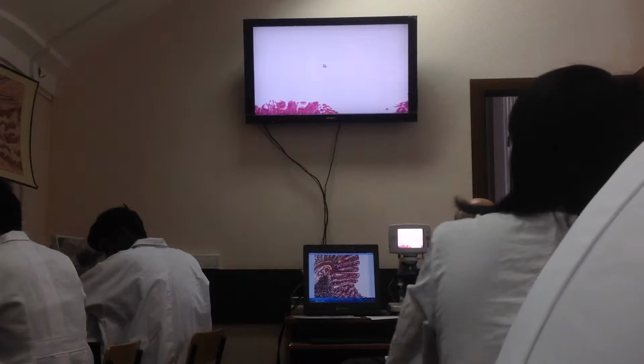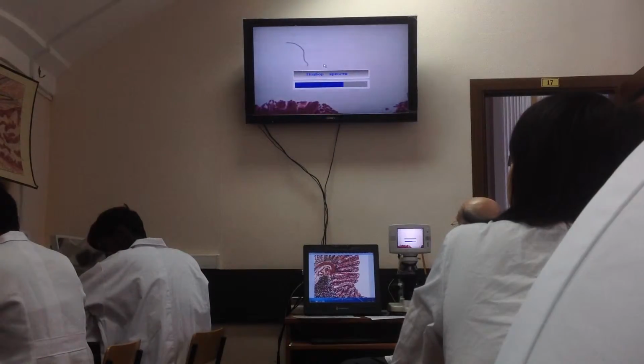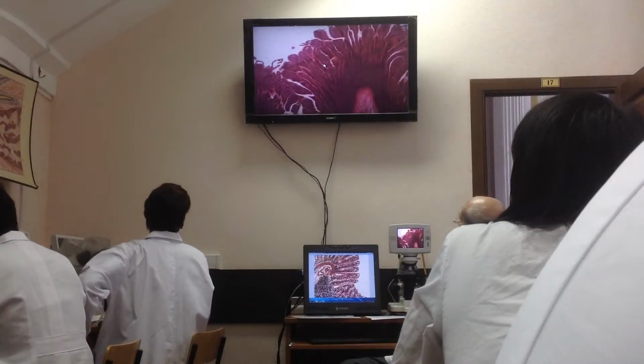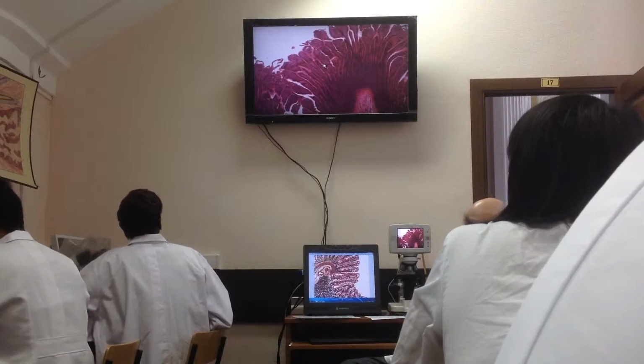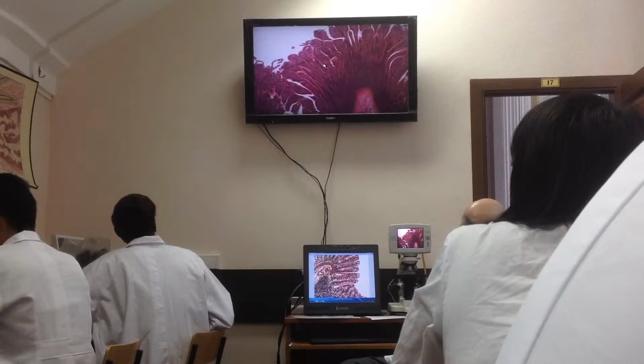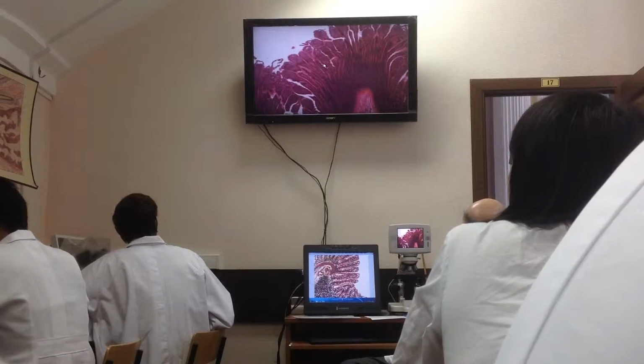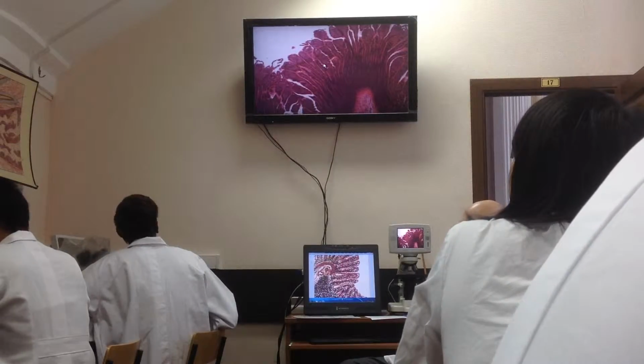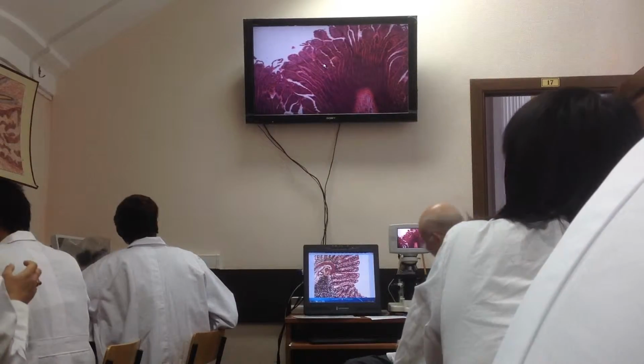Wait, I will check the illumination. Oh, look. What organ do you see? What part of intestine? Large or small? Large.